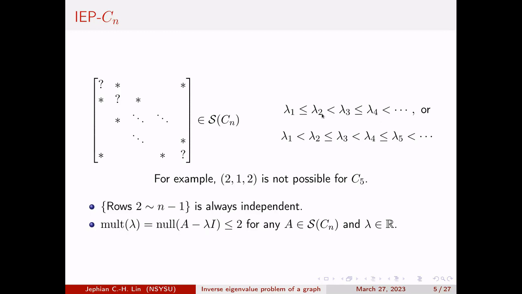That's the other way to think about it. So beyond the condition that all the multiplicities must be at most 2, there is an extra condition saying that between any eigenvalues of multiplicity 2, the number of eigenvalues in between must be even.